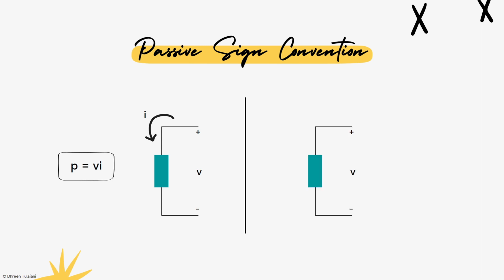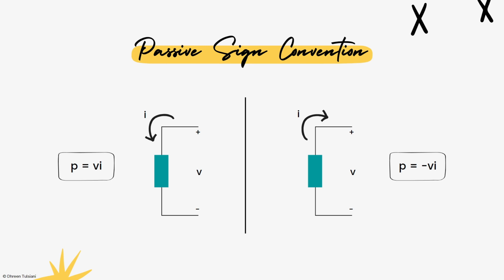Now suppose you have the same circuit again, but this time current enters through the negative terminal. So the formula here would be P equals minus VI. So these two examples show what passive sign convention is.